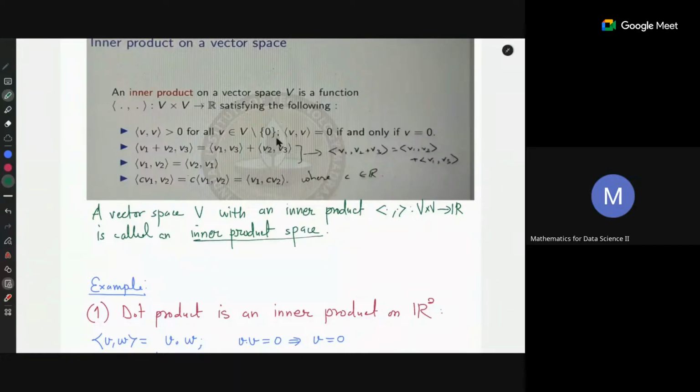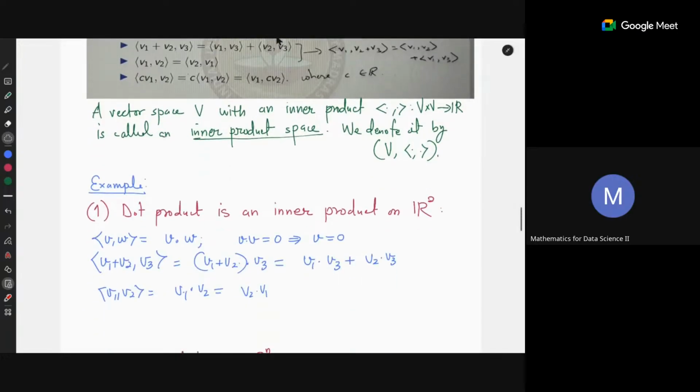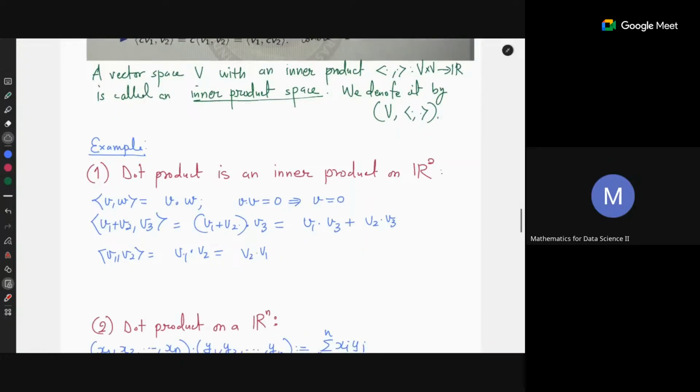Also, we denote it by this. So R2 with dot product is an inner product space.